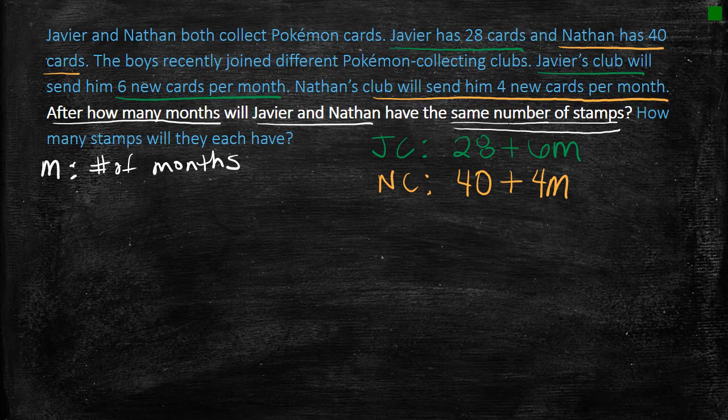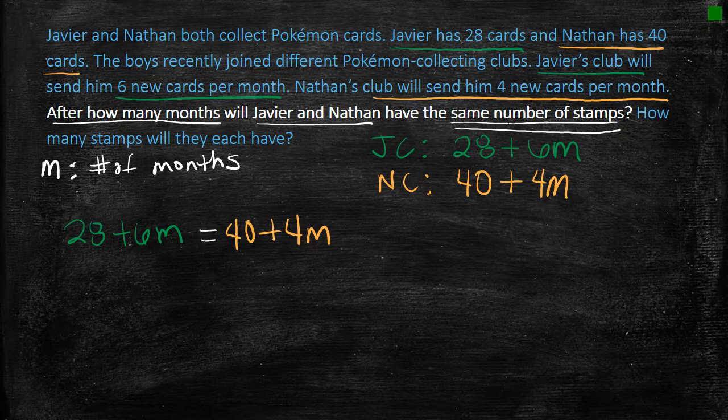So we're going to take Javier's expression, 28 plus 6 times the number of months, and make it equal to Nathan's expression because we want to know when both of these will be the same. And that's why we put an equal sign between them.